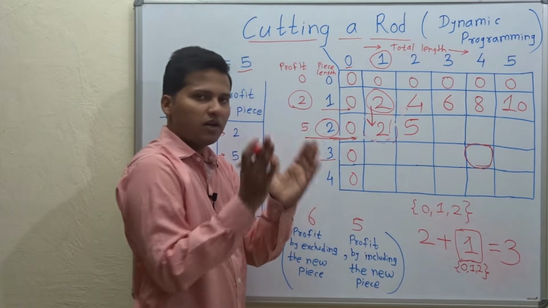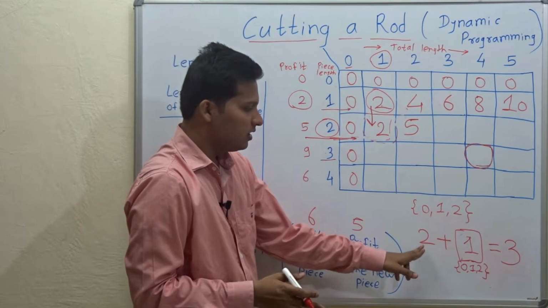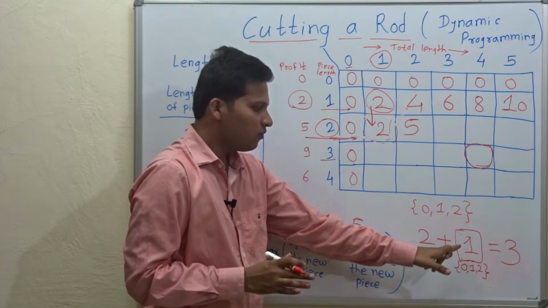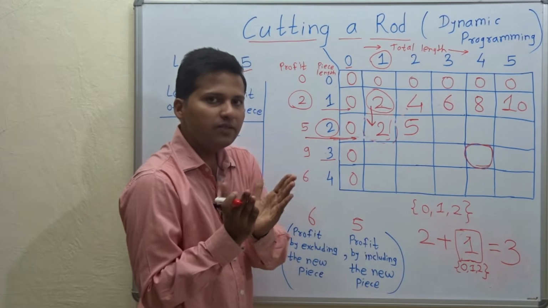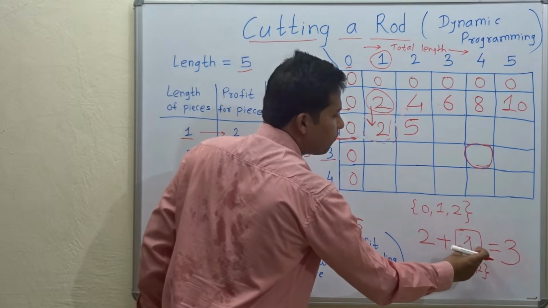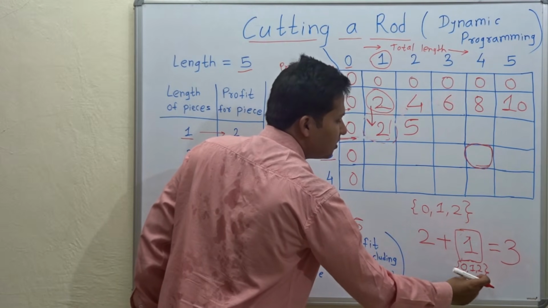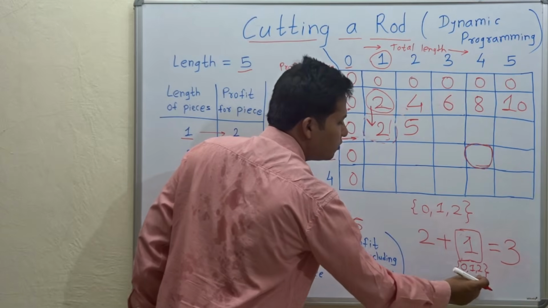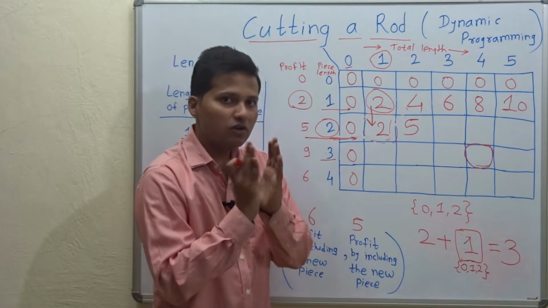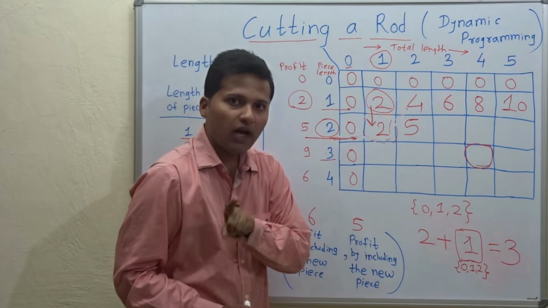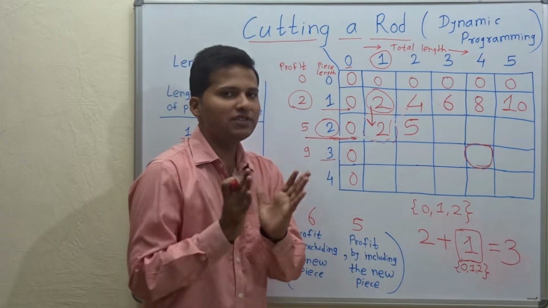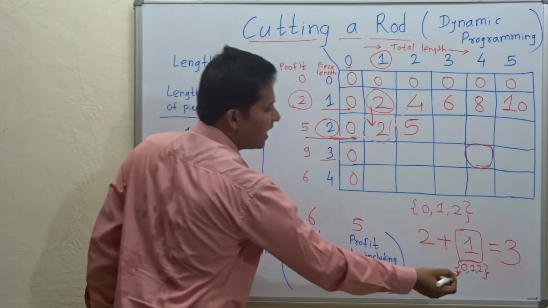Means you have cut the rod into a piece of length 2, and the remaining length is 1, and you have to now decide what is the maximum profit to make a total length of 1 by using the pieces of length 0, 1, 2, or in other words, what is the maximum profit to cut down a rod of length 1 if you are allowed to make pieces of length 0, 1 and 2. What is the maximum profit? So let's see what is the answer for this.